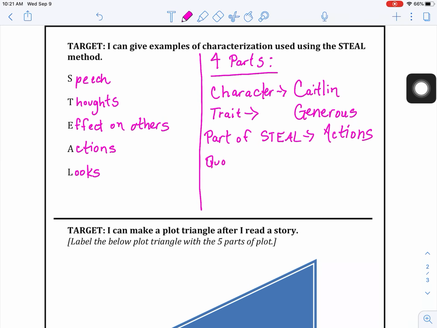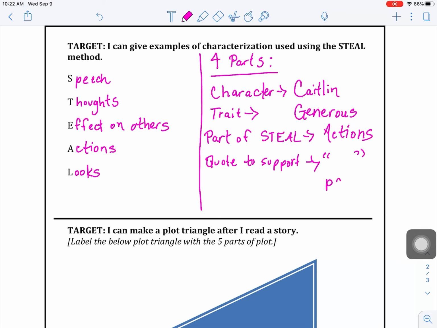And the last part you will do is have a quote from your story that supports it. So you would, in theory, go back to your book, go back to your short story. What's a line from the book that proves Caitlin is generous based upon her actions? And you would include that as part of your characterization analysis.